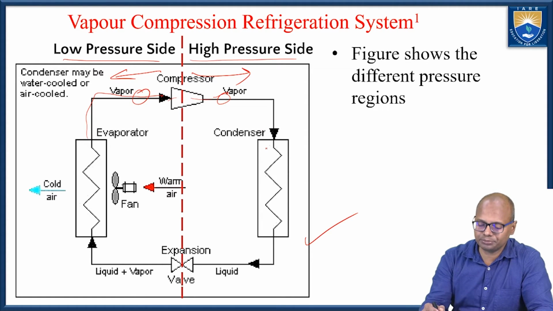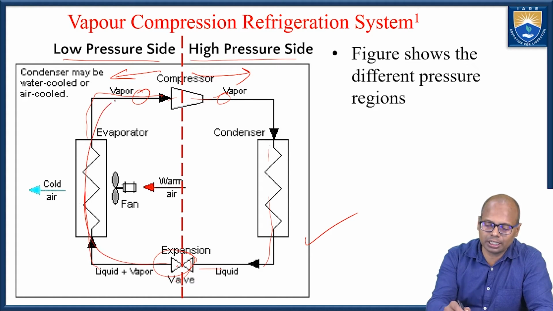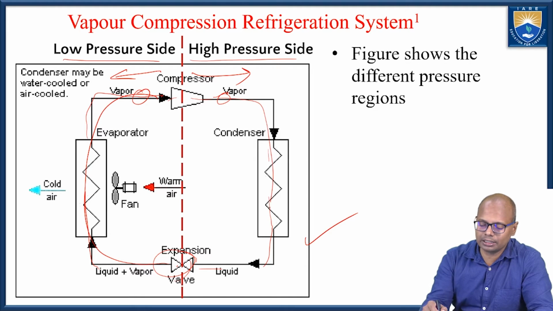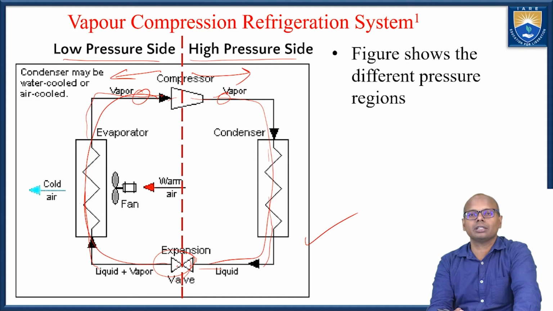Now here again the liquid is condensed and passed through the expansion valve. So the expansion valve, what happens is it will reduce the pressure. So when the pressure is reduced, again it will be a low pressure side. So this side is the low pressure side, and this side is the high pressure side.